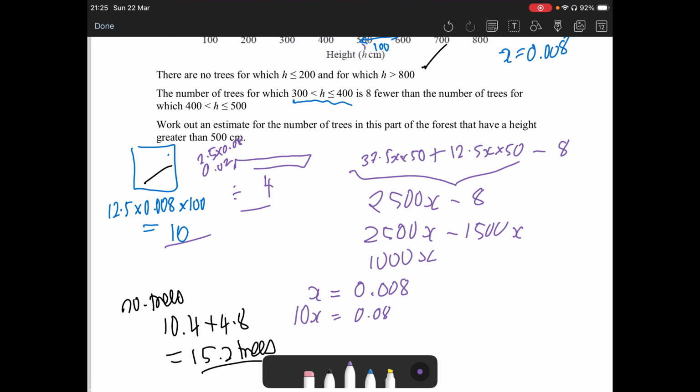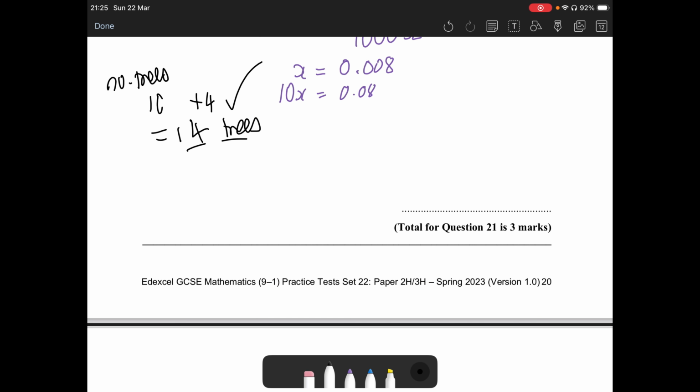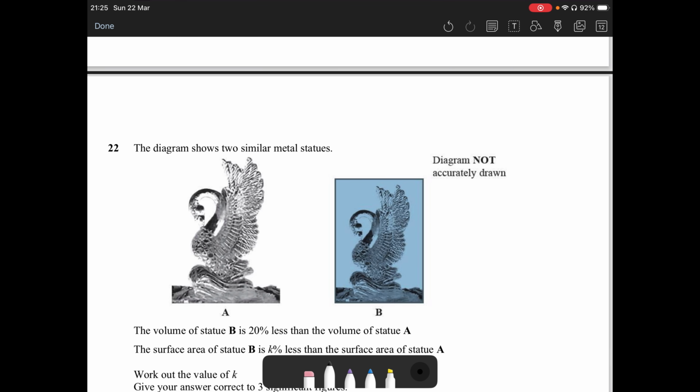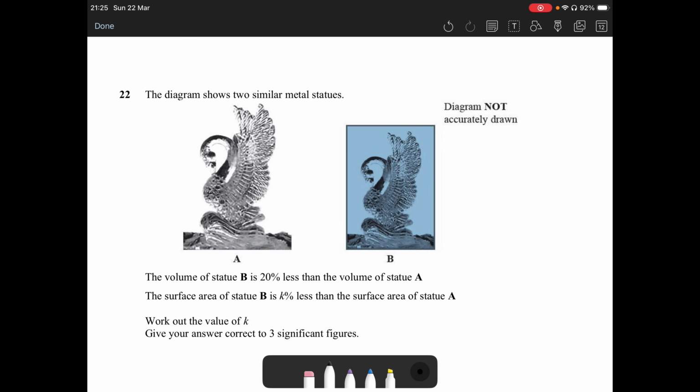The number of trees is not what I said earlier. It's 10 plus 4, 14. So 14 trees is the correct answer. That was a nightmare of a question. I just don't like how they did half squares. I think a lot of people like me would have lost marks there just because of how tiny them boxes are, especially on the iPad.